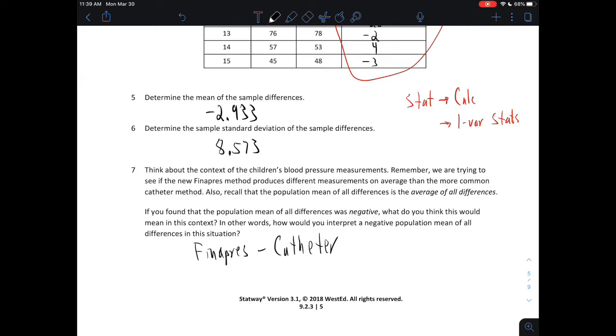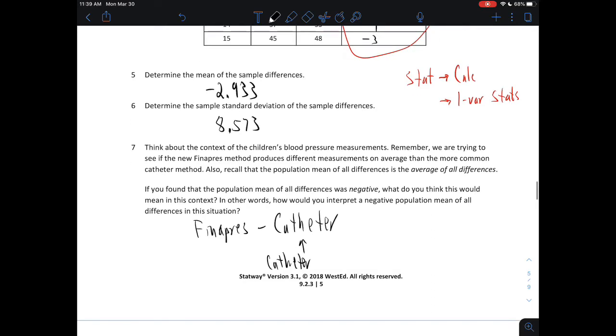If you get a negative from a subtraction, it means that the second number has to be larger on average. So this means that the catheter method is recording higher blood pressure if we're getting negative averages.